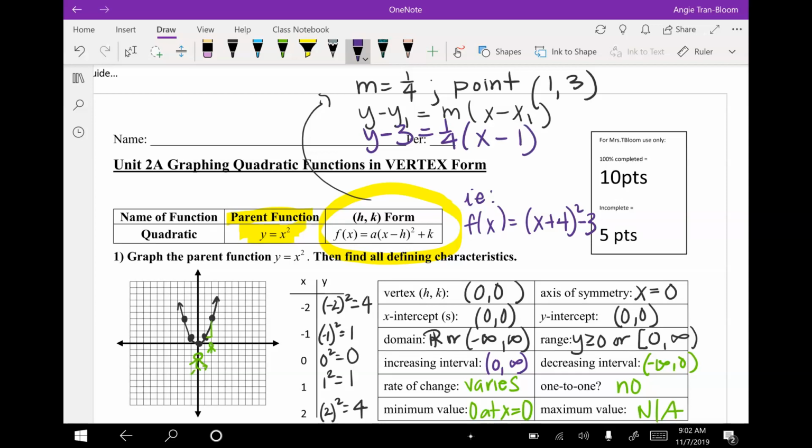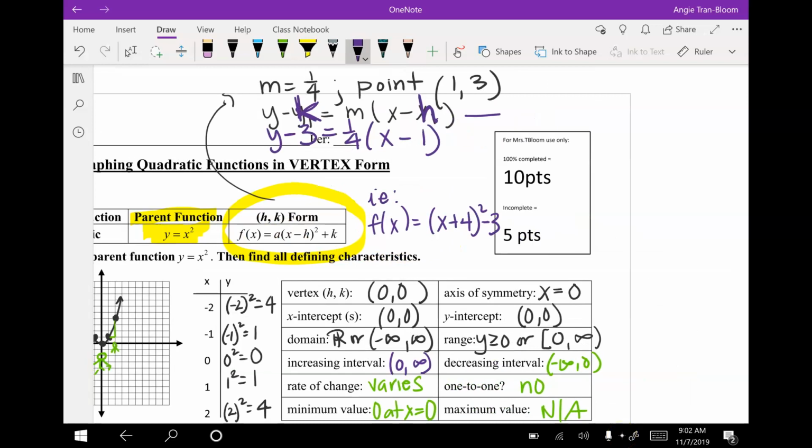Now, what if I don't want to call it x1 and y1? I want to call it h and k. I want you guys to look at it. If I decided to solve for y, would you guys all agree now I would move the k to the right side? Okay, just make the connection for me.